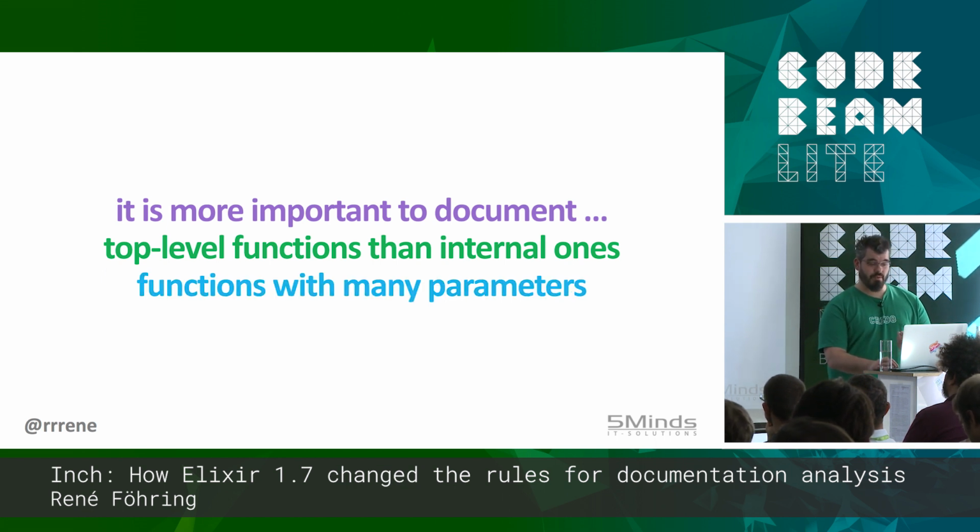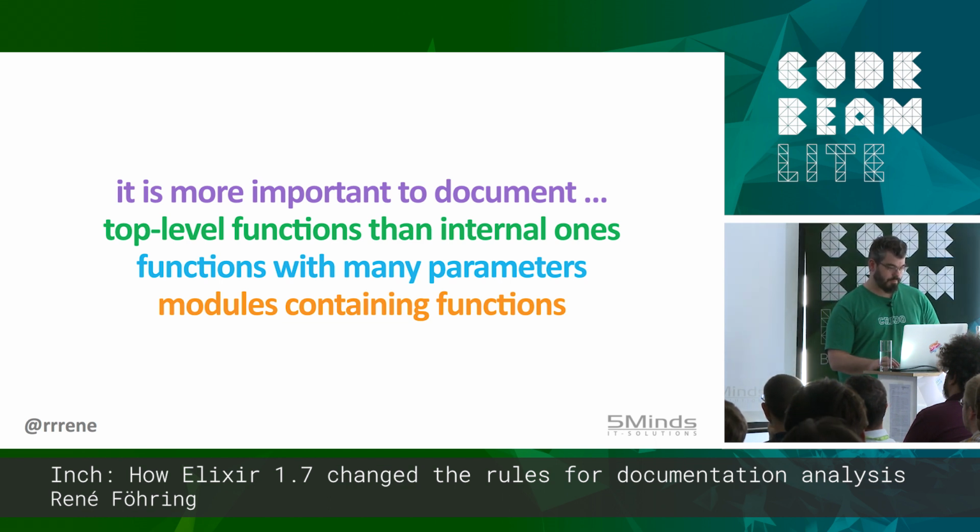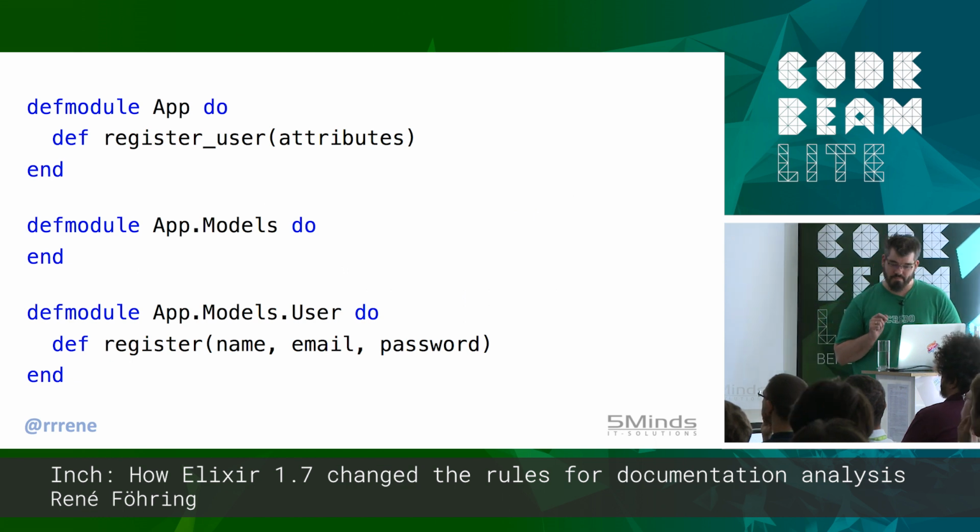Functions with many parameters might be more important to document than functions without any parameters. And modules containing functions are probably more important to document than those not containing any functions. Let me show you an example.